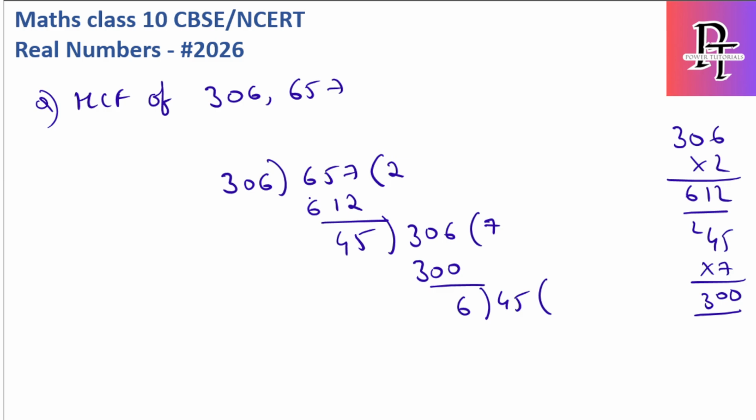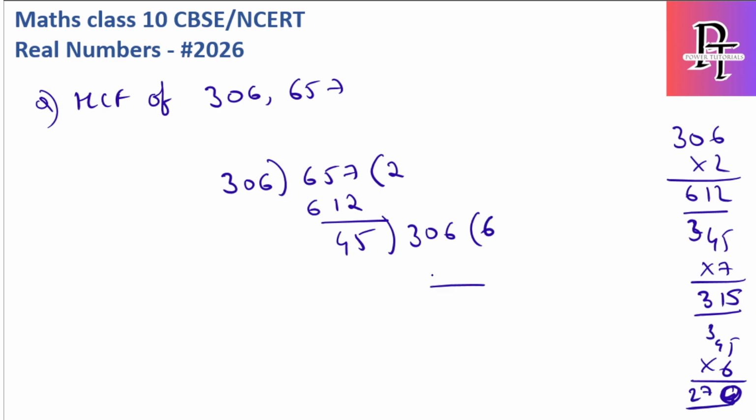So there is a mistake. Let me just cross check. 306 2s is 612. Okay, so 45. 306, 47. I am making this mistake. Sorry guys, let's do this. 7 5s are 35. 7 4s are 28, 31. So we have to do 45 into 6 now. 4 6s are 24, 5 6s are 30, 33, 6 4s are 24, 27. So it is 45 into 6 is 270.